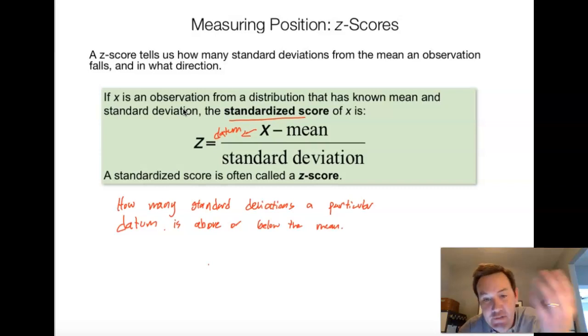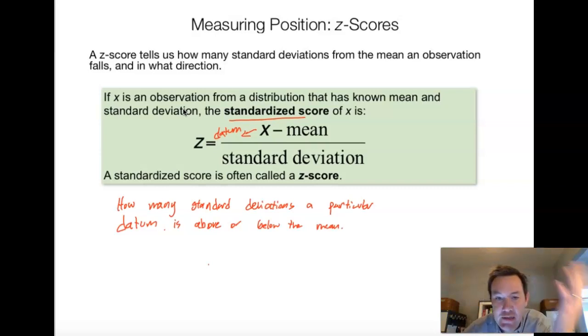So if you get a positive value back, that means your datum is above the mean. If you get a negative value back, that means your datum is below the mean.